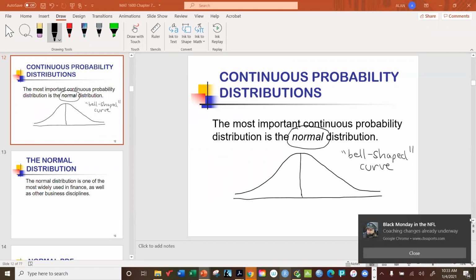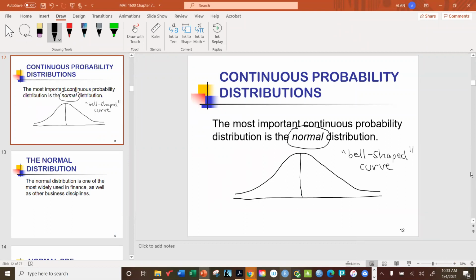So if these are heights, you could imagine that these are average height people, and then these are very tall people, and these are very short people. And so the chances of being either very tall or very short are pretty much the same on either side of this center.